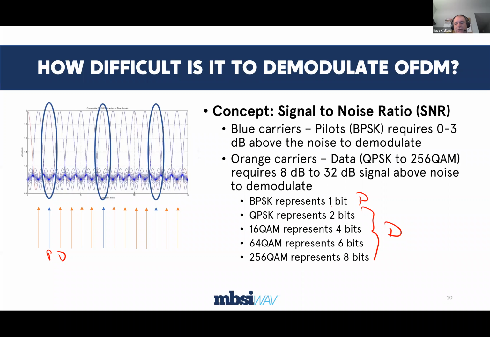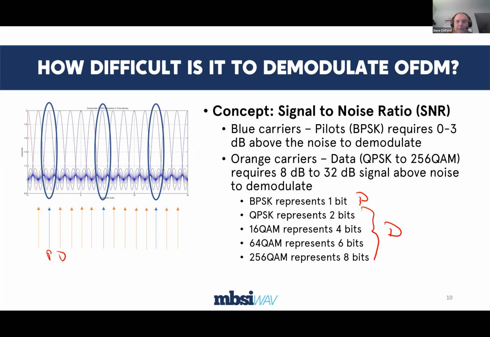We can't pass any traffic at that, of course, because it only represents 1 bit. On a 20 megahertz channel, I would only be able to get a few hundred kilobits of data across that channel at BPSK, but it would be very, very reliable. It's not enough data across the channel.